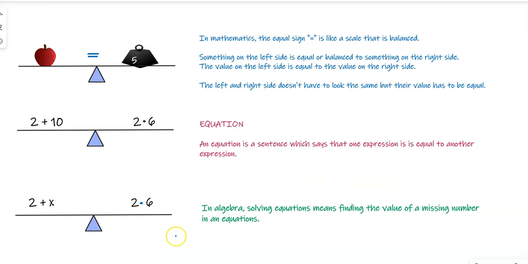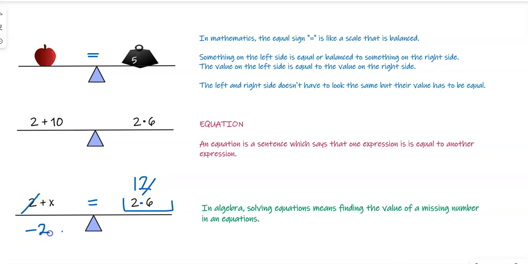Another way of finding the value of the missing number in an equation is to take what we know from both sides and try to keep the scale in balance. First, we simplify this side to have a value of 12. Then we can take 2 away from both sides.